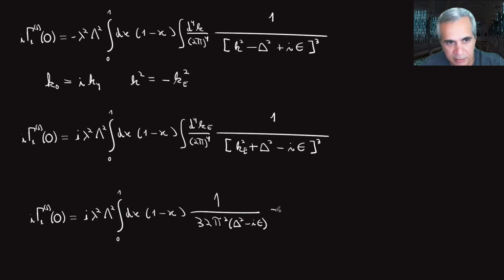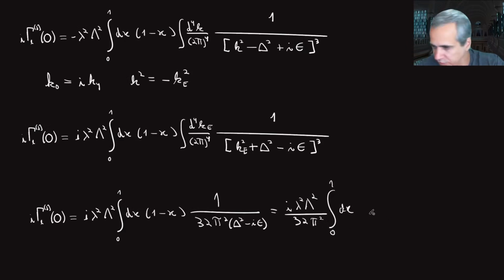So I can simplify all of these as i lambda square over 32 pi square, integral from 0 to 1 dx. And now there's the integral in the Feynman parameters, which in this case is just 1 minus x over, I have to spell out delta, right?